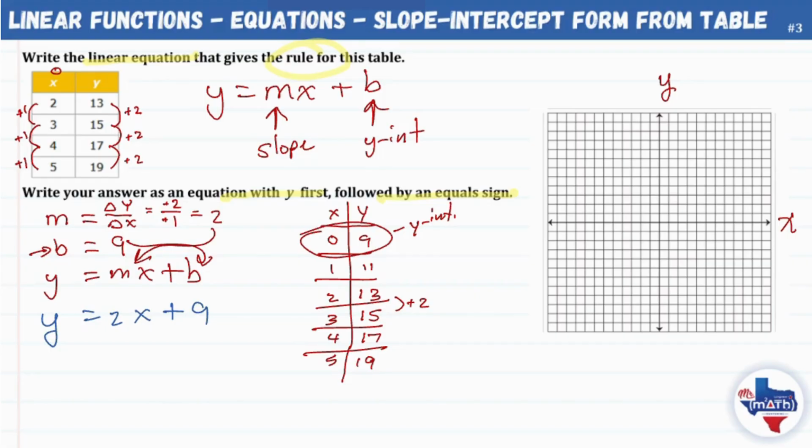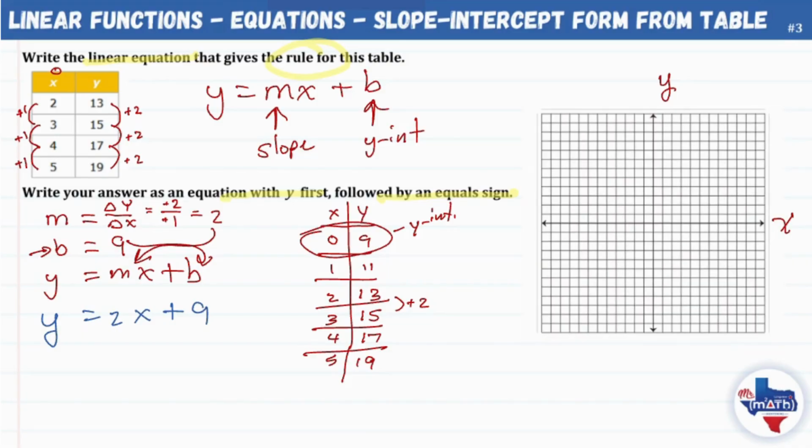0, 9. Well, that would be my y-intercept. So let's go ahead and graph these by 2's here.